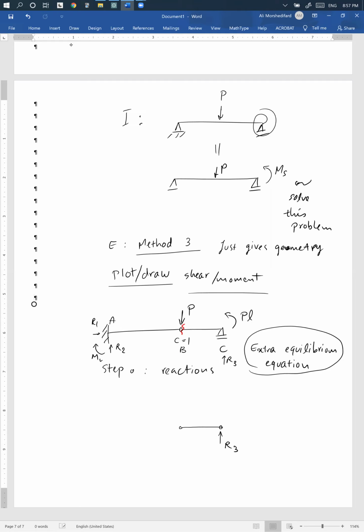Because of this constraint, moment is 0 here, right? So this M equals 0 is an extra equilibrium equation that I can use. When I cut here, F1 and F2 jump out. So if I take sigma M around this point, B, equals 0 for this segment, I've cut this out.